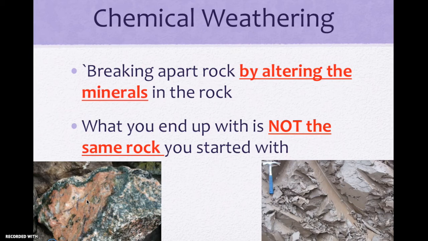And although granite is extremely hard, that mineral feldspar over time will react with compounds in the air and water and become clay. And clay is soft. It's slushy. And so it will literally just wash right out of the rock. At which point, with nothing else to hold it together, it just falls apart, destroying the rock. And that is chemical weathering.